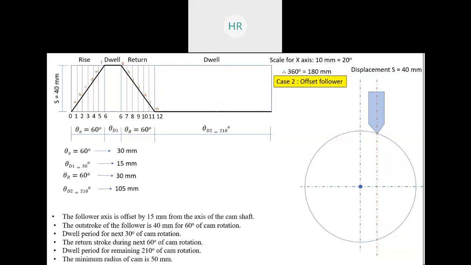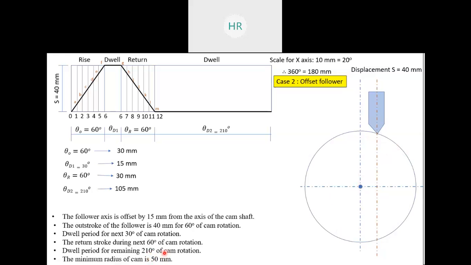So the first step is the same. First draw a circle of radius equal to the radius of the base circle, that is 50 mm in our case. The circle I have drawn has a radius of 50 mm.